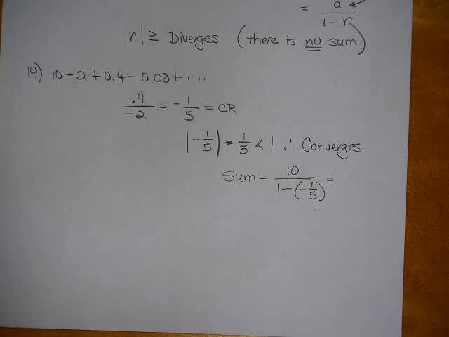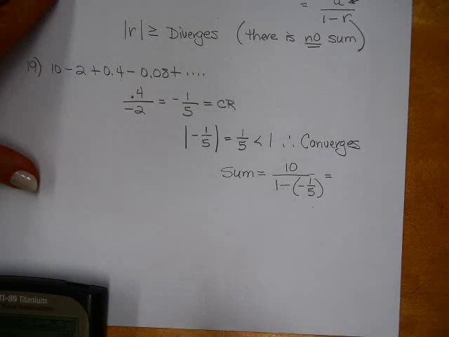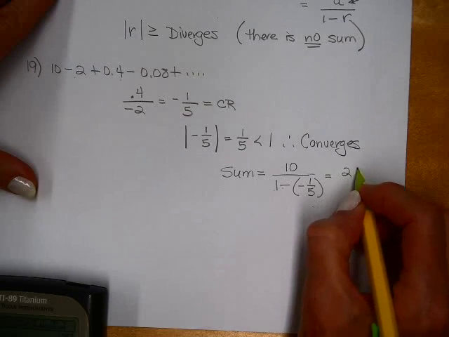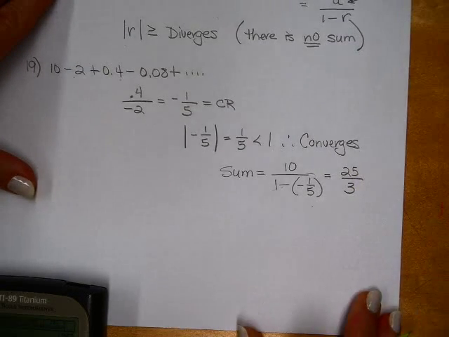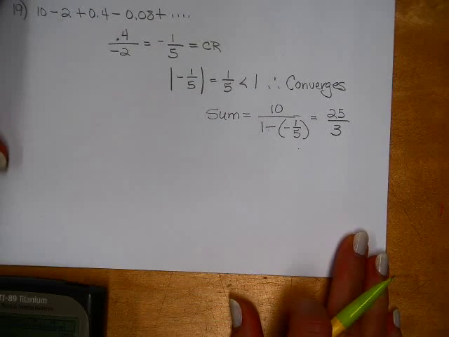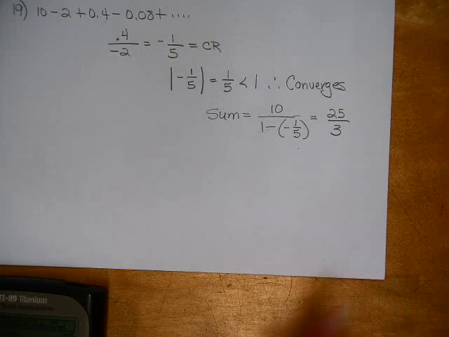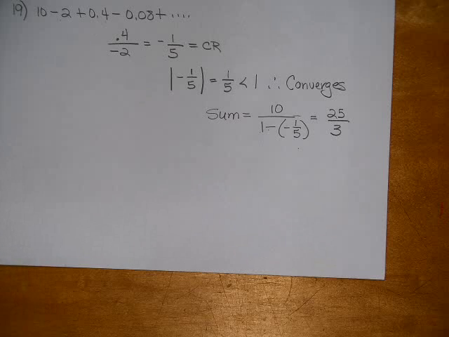What is that sum going to be? 10. How about 25 over 3? Make sure you put the denominator in parentheses. Well, you got it. Actually, you might have to agree with that one.